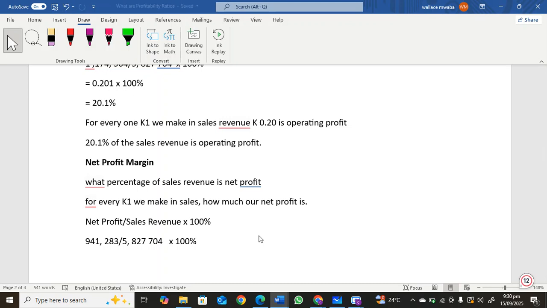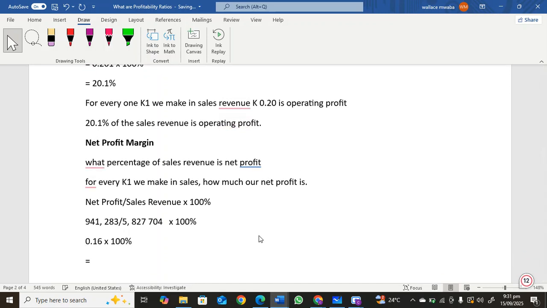So 941,283 divided by 5,827,704, you get 0.16, times 100%. You're going to get 16%.